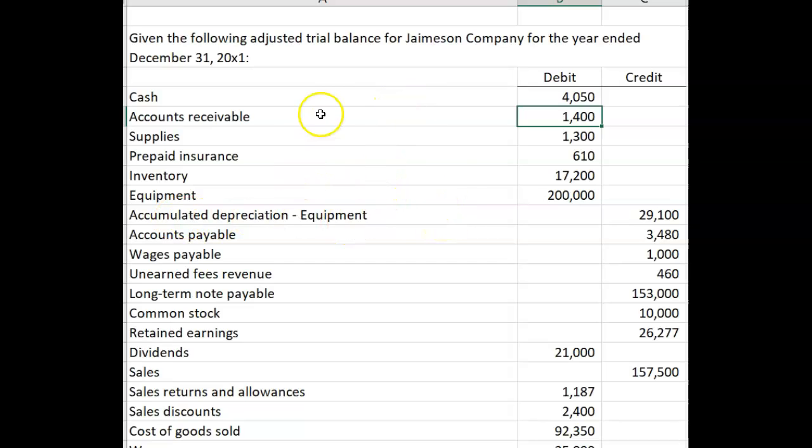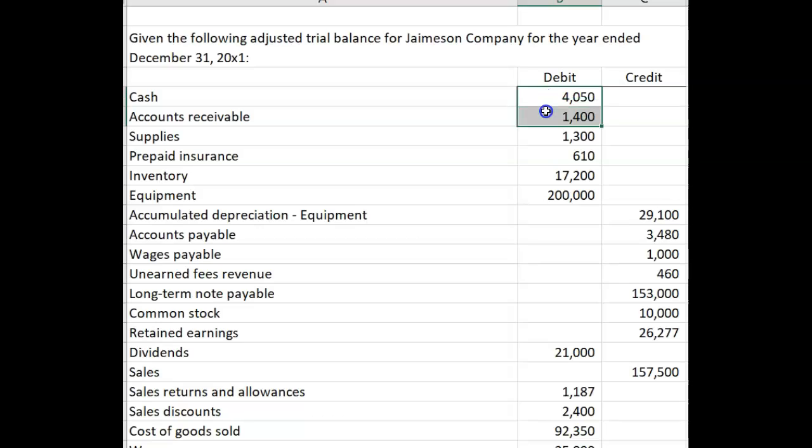Therefore, Jamison's quick assets consist completely and entirely of cash and accounts receivable. Remember that supplies, other prepaid expenses, and inventory are excluded from the definition of quick assets when calculating the acid test ratio. And certainly equipment and related accumulated depreciation are not even current assets, much less quick assets.